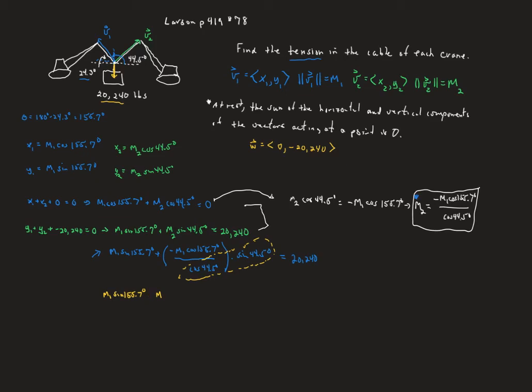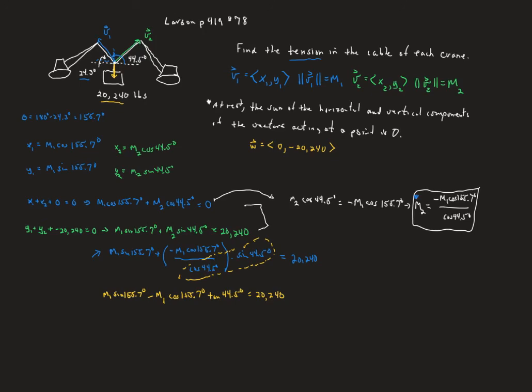So that's a minus now. So we have a minus m1, and then we've got the cosine of 155.7 degrees, and I'm replacing that sine over cosine of 44.5 with a tangent of 44.5 degrees, and that's equal to 20,240. Well, we're making progress here.